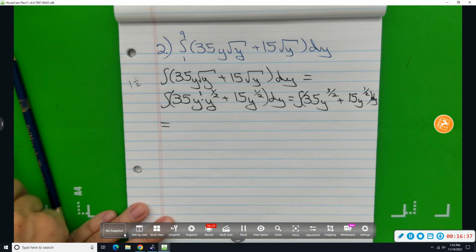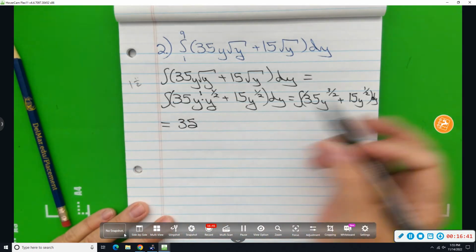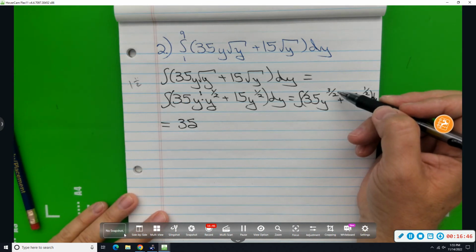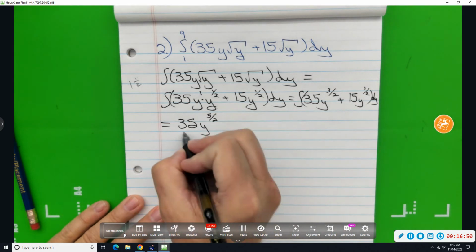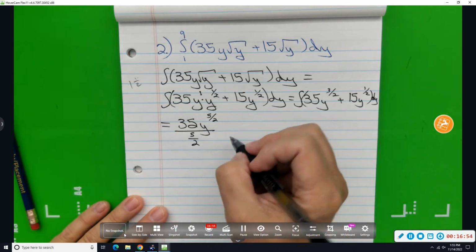So we have 35y, you add 1, 3/2 plus 1, that's 3/2 plus 2/2, that's 5/2, and then you divide by 5/2. We'll have to simplify that in a moment.